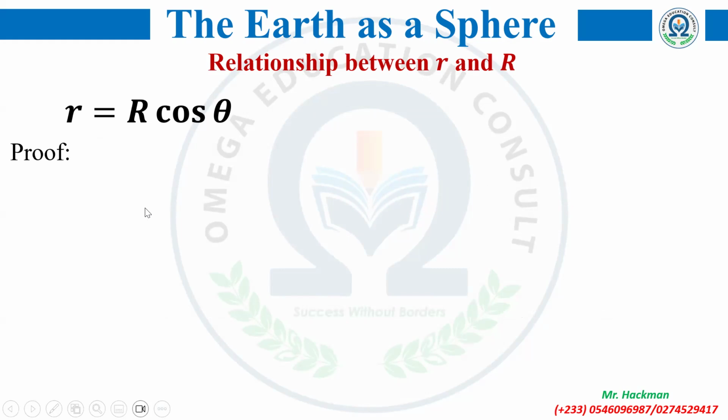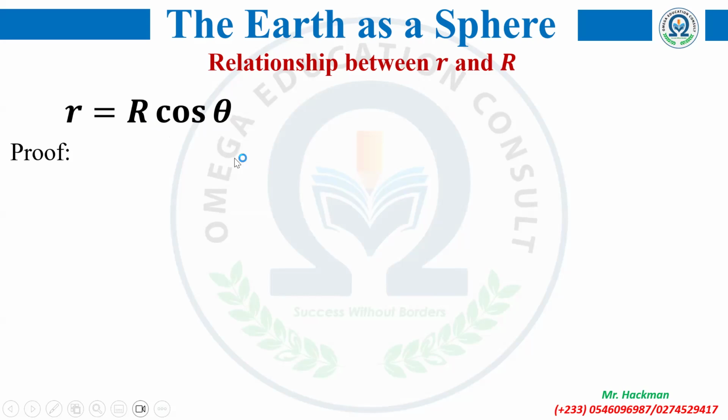Because of time, I'm not going to prove it. You don't need a proof. What you need to know is that small r is equal to big R cos theta. So you should know this relation, where this theta here will be the angle of latitude.